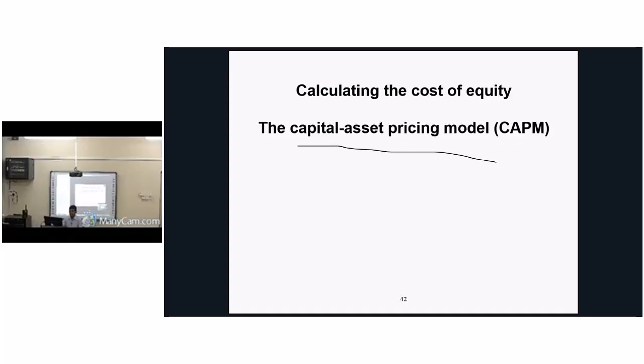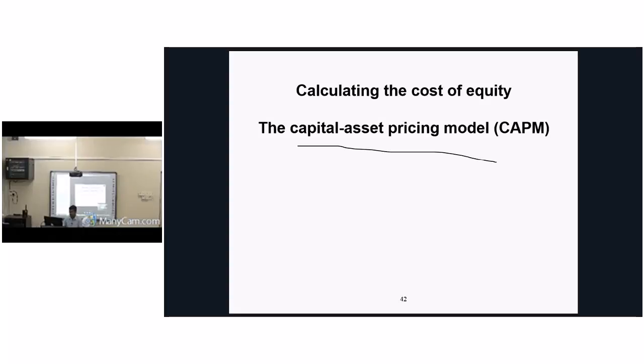You can apply either of these ways to calculate the cost of equity for your firm. The one is the capital asset pricing model, the other one is the dividend growth model.